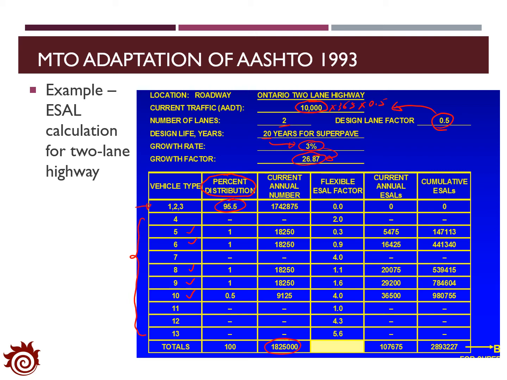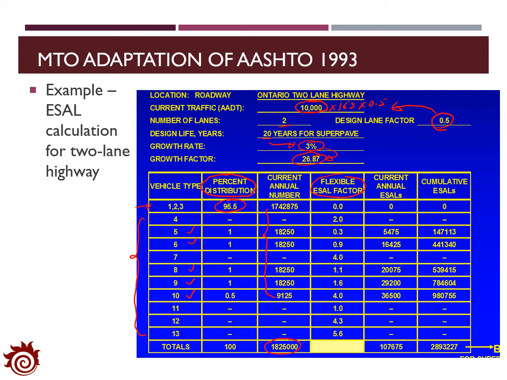The value in this column will be the distribution percentage times the total annual number. Also, we can find out the flexible ESAL factor, which is the truck factor for the Ontario truck number model.